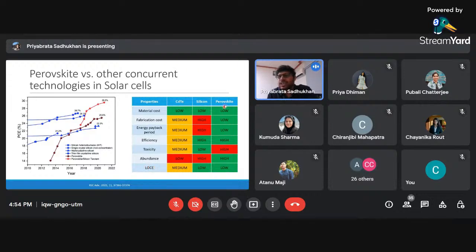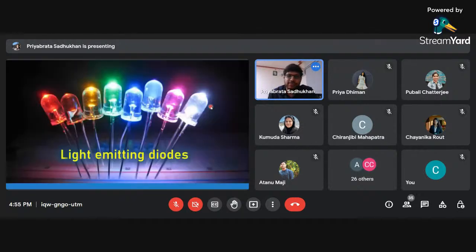So we see most green marks in the perovskite column. That means the perovskite is the best one among all 3. However, it has a red mark, that is the toxicity, because this perovskite material contains lead, and this lead is very much toxic. I will discuss more about this later. So far, based on these parameters, perovskite materials are much better than silicon and cadmium telluride.